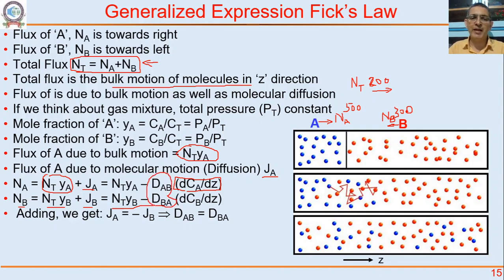It is DAB and DBA: diffusivity for A in B and diffusivity for B in A. Diffusivity for blue molecules in a red medium or diffusivity of red molecules in the blue medium. That's what these are. If you just add them up, you will get JA equal to minus JB. So in other words, you will get DAB equal to DBA. Diffusivities of A in B and B in A are identical. Okay, that's the first result.